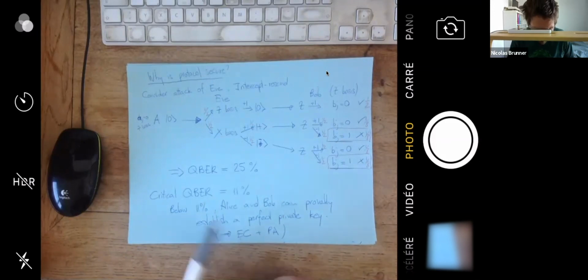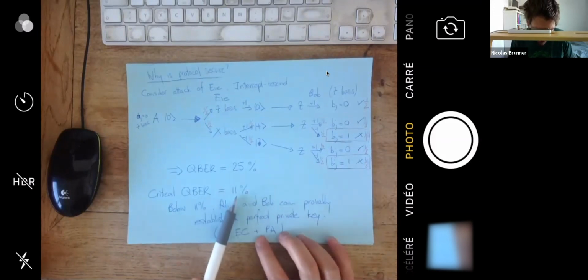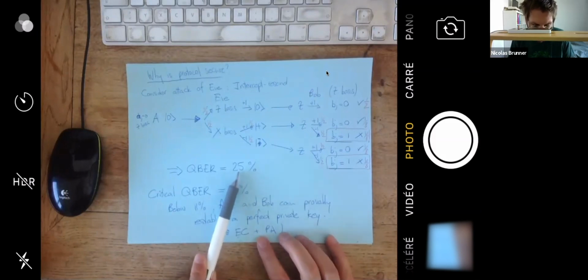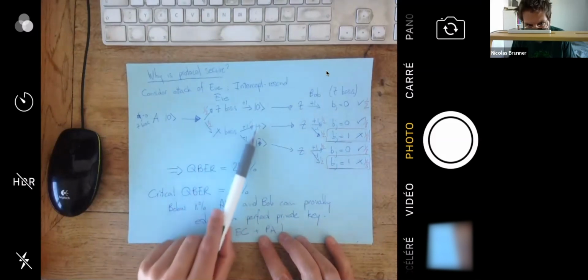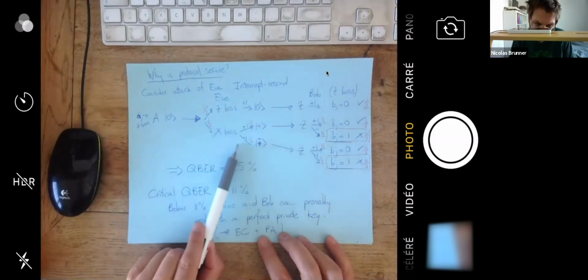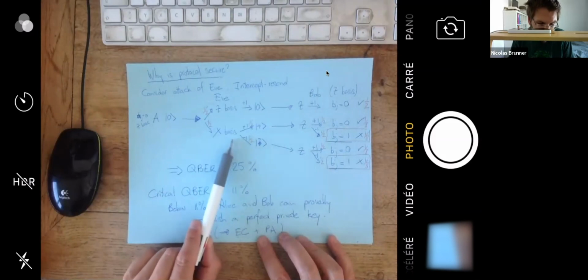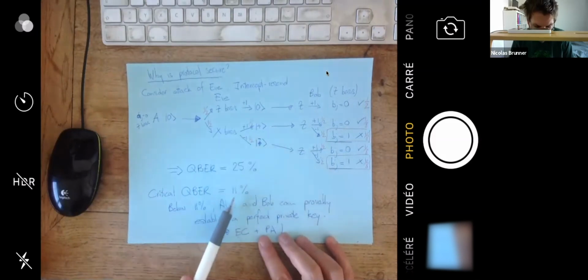Here I just gave you the result essentially, because this 25% was derived for this attack. This attack is the most natural you may try to use, but it's not the best. There is something much better that gets to 11%.